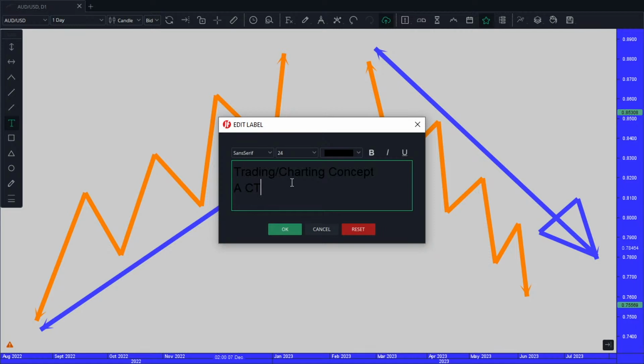CTL stands for counter trend line. A counter trend line is a trend line that goes in the opposite direction than the trend line.